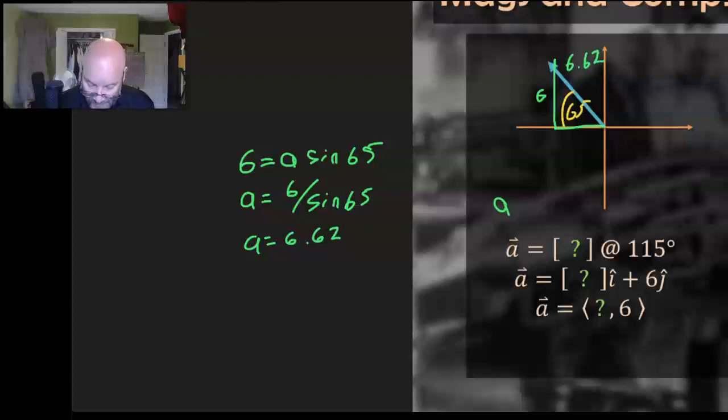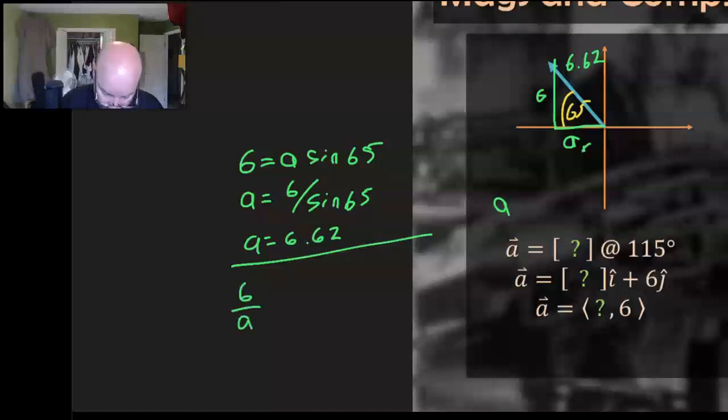Then we need the horizontal side. I could use my magnitude, or we could use tangent. So this side down here is A sub x. Rise over run, 6 over A sub x, is equal to the tangent of my angle, 65 degrees.